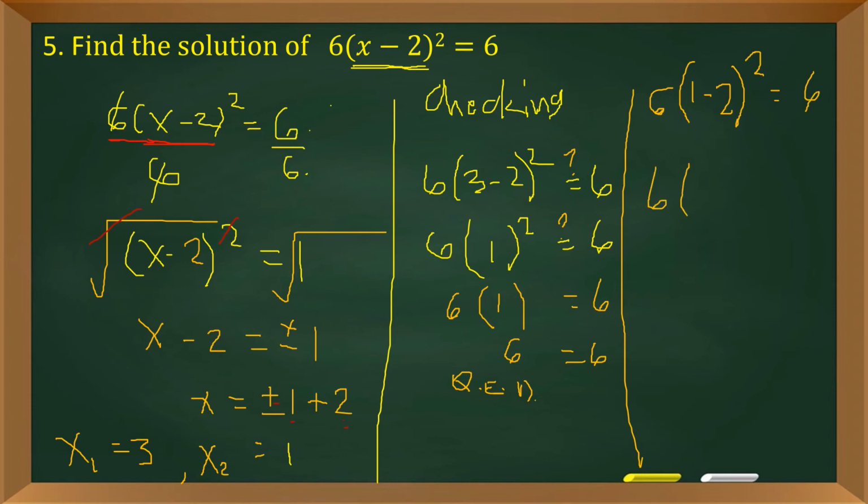So 6 times, what is 1 minus 2? That's negative 1. So negative 1 squared is equal to 1 equals 6 again. Do not forget the question mark.